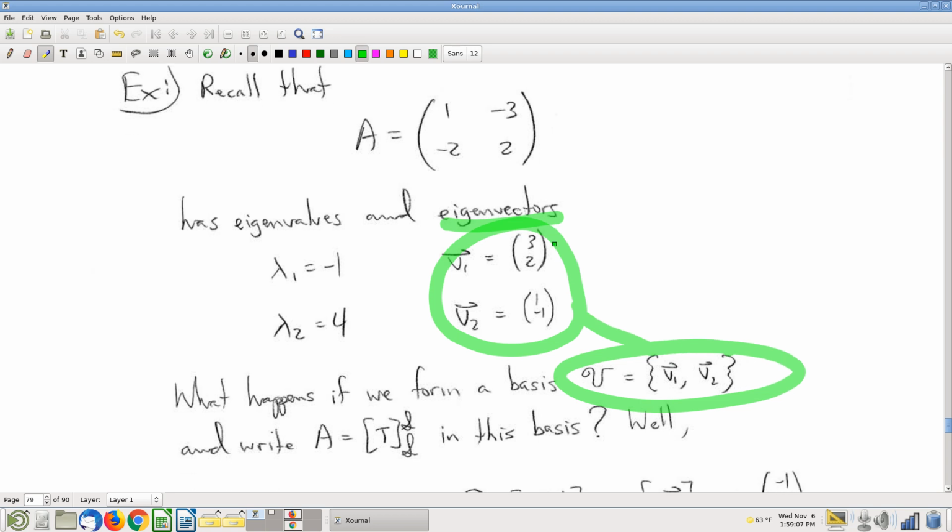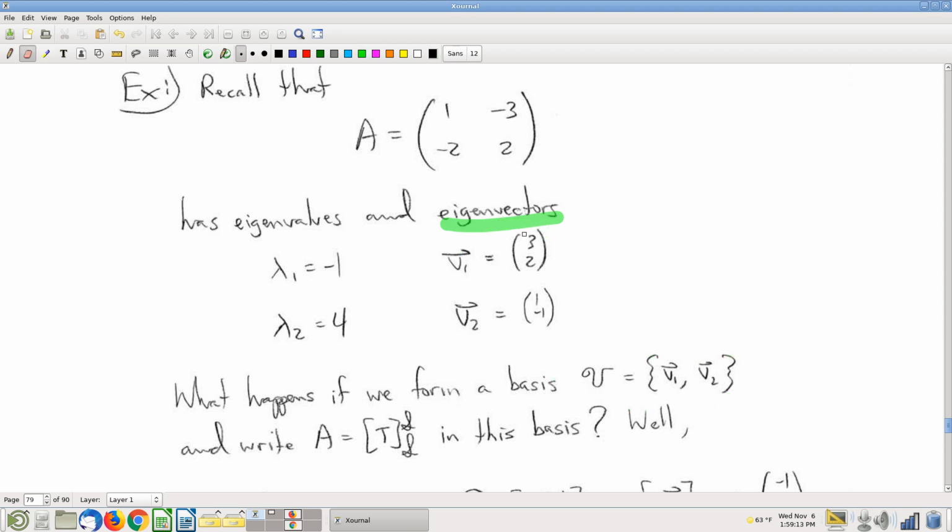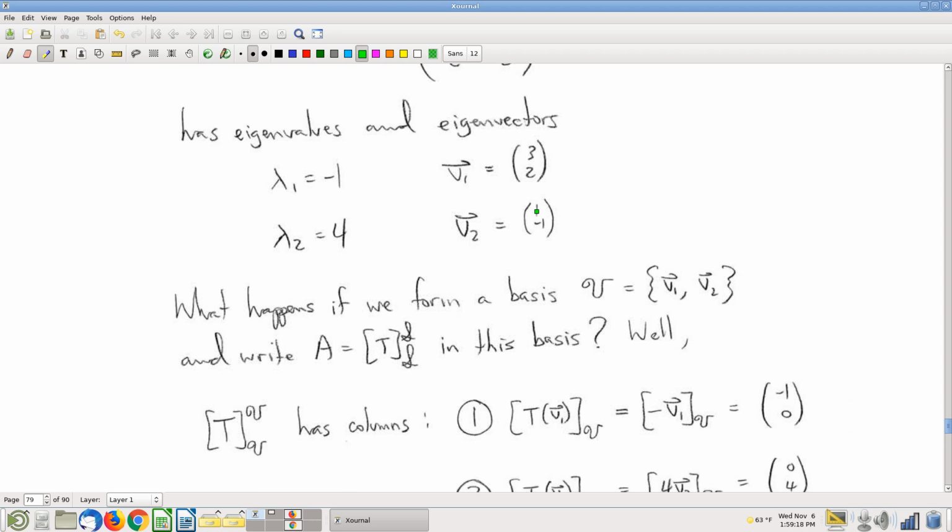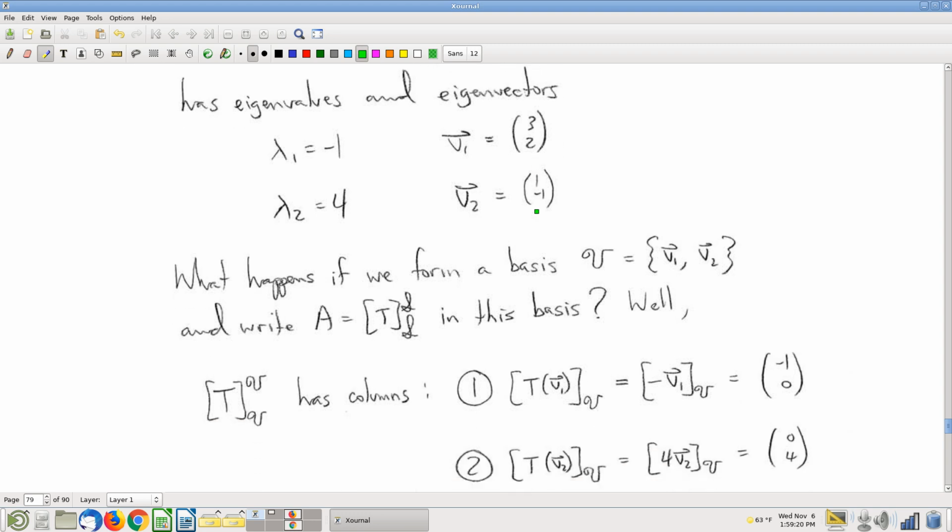And see what this matrix is similar to if we use this new basis. There are two ways to come at this. An easy first step: I was given this matrix, and we know that when we do a conjugation, we're just doing a change of basis. So I'm just going to try to find the matrix representing T with respect to my new basis, script V.